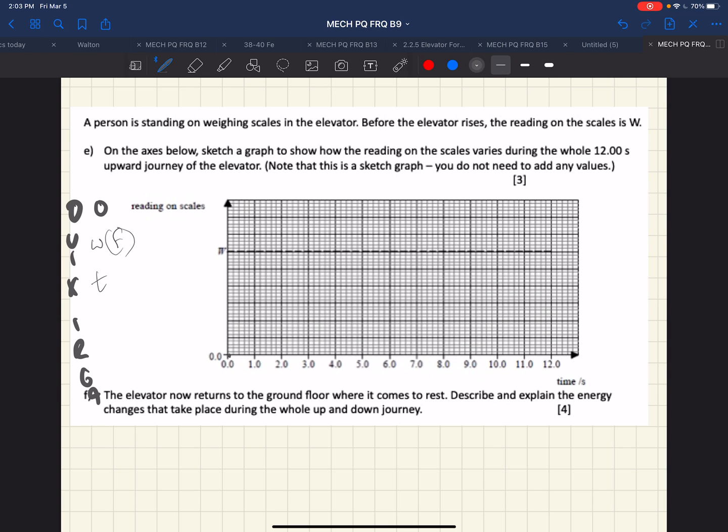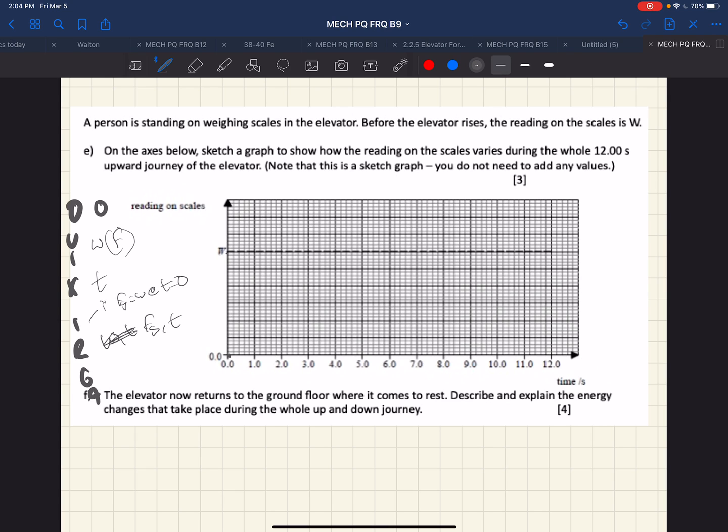And so there's not really a curve drawn here. And so we've got W as the weight. And so what we're seeing here is a y-intercept saying that the weight, Fg, equals W at time 0. And there's no x-intercept. We can read weight in time, Fg in time.